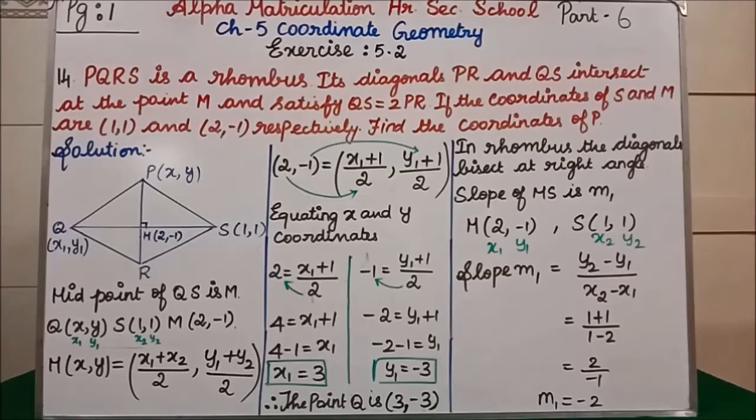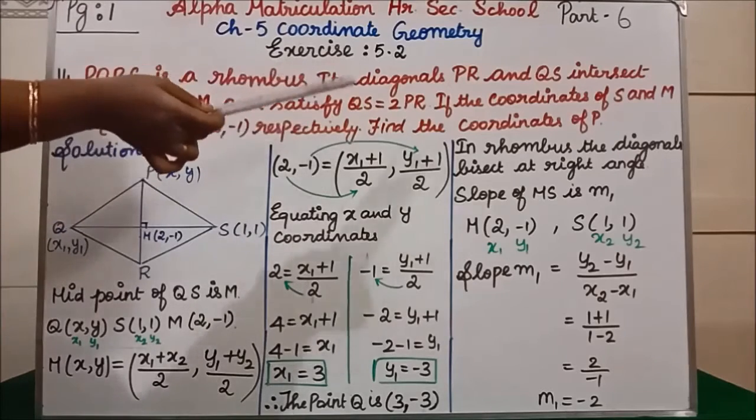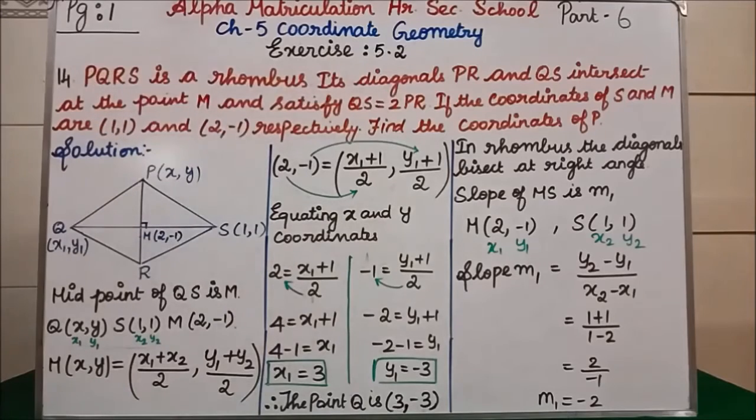Okay, we'll start now. PQRS is a rhombus. Its diagonals PR and QS intersect at the point M and satisfy QS equal to 2PR. First, what they are saying: PQRS is a rhombus.